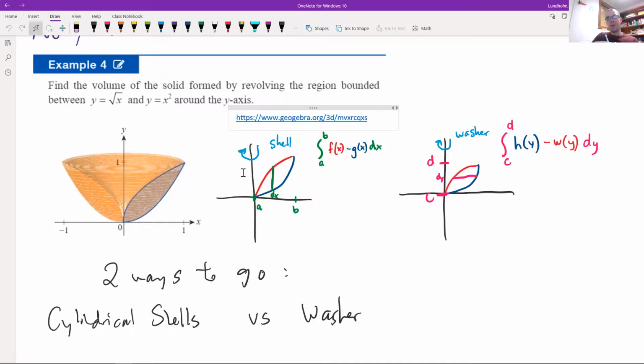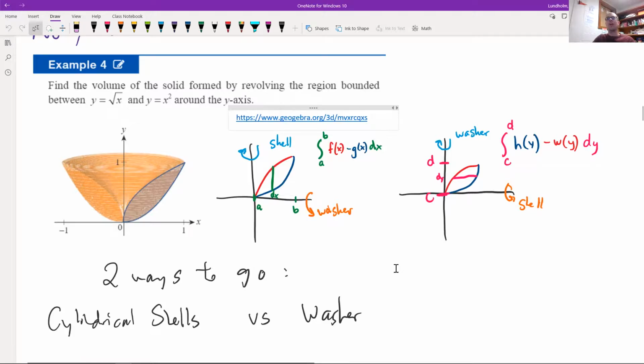But if we were going to rotate around the x-axis instead, this one would give us a washer cross section, and this one would give us a shell cross section. Because again, now the segment would be parallel to the axis of rotation, rather than perpendicular.